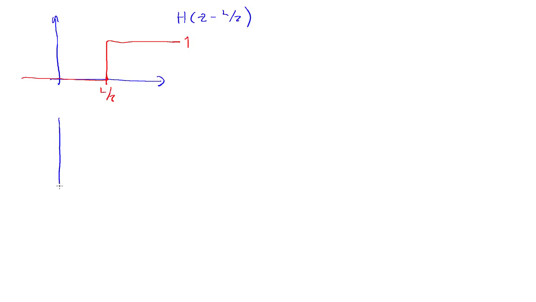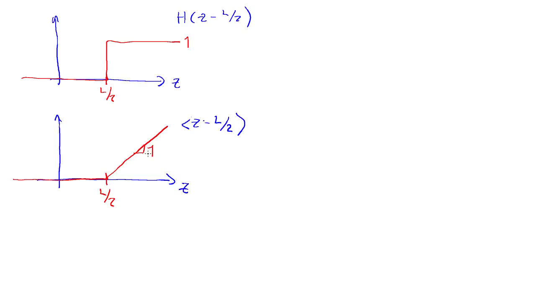If I plot the Macaulay bracket, Z minus L over 2, out to L over 2 it's 0, and then it takes on the value of the argument. So the slope here is 1.